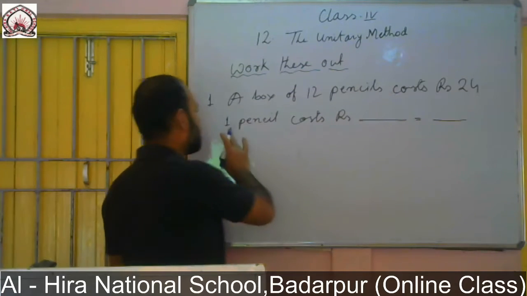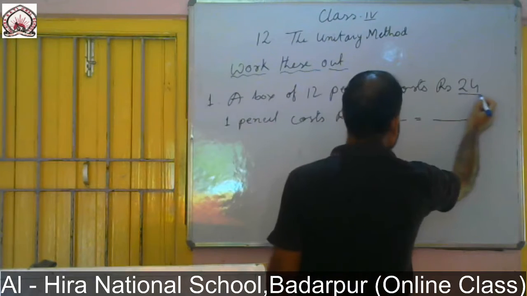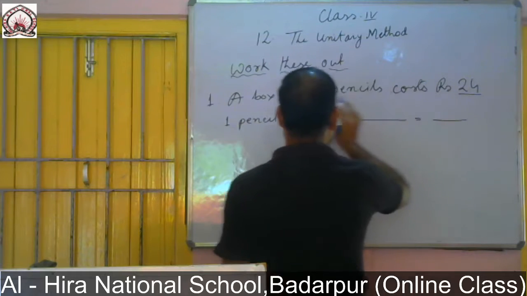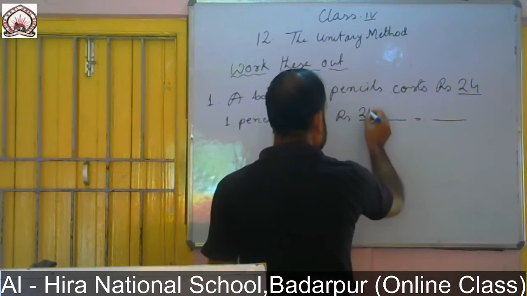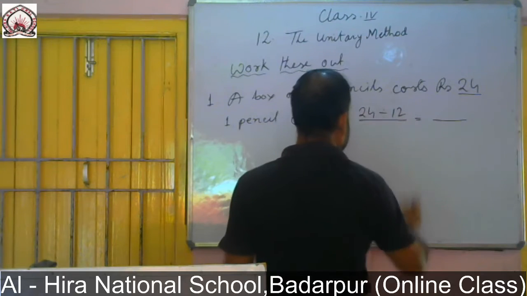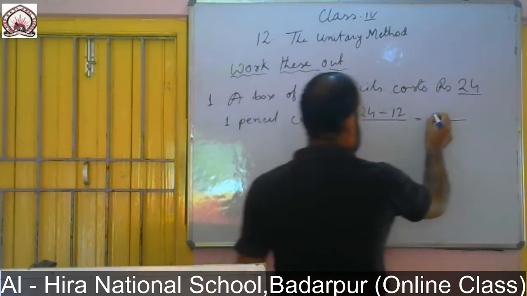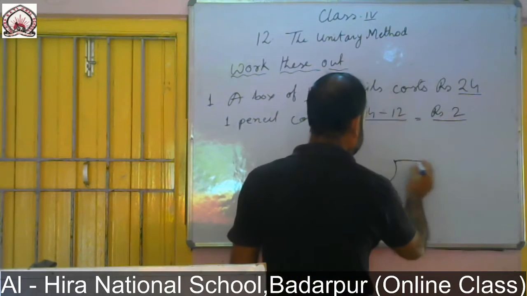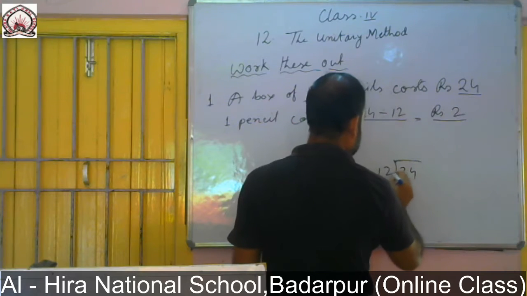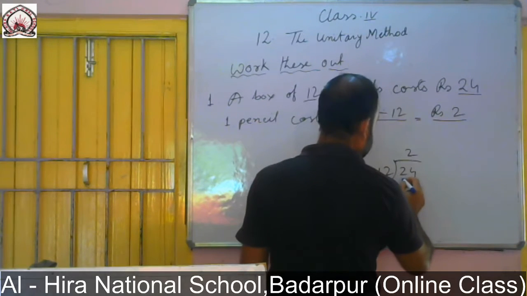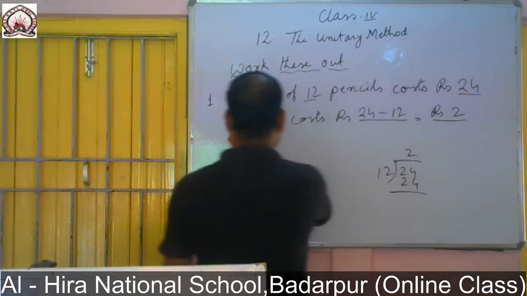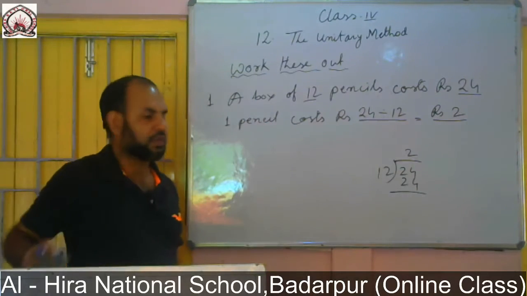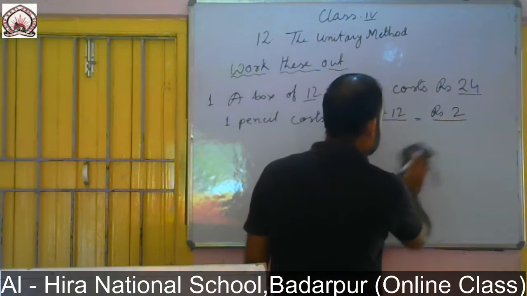So 1 pencil costs 24 divided by 12, which is rupees 2. If we divide 24 by 12, we get 2, since 12 twos are 24.